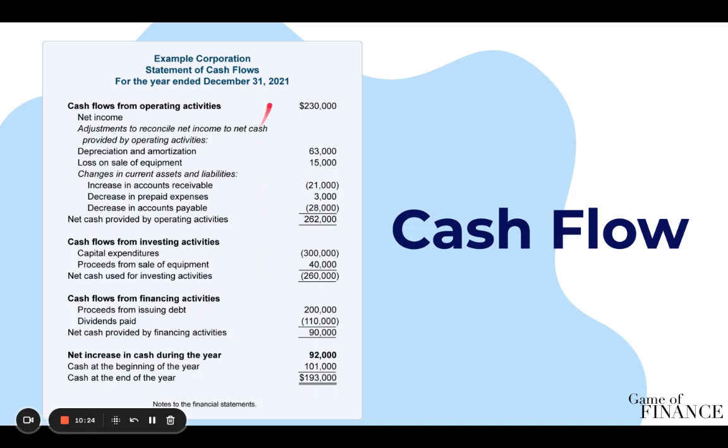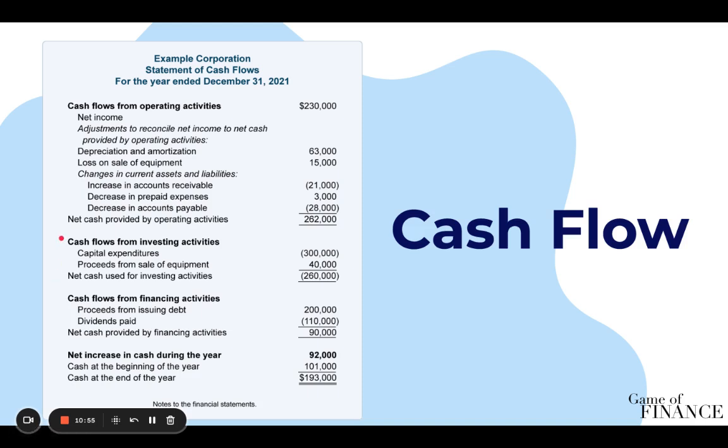The cash flow from operating activities shows the cash generated from the company's core operations, such as the sale of goods or services, and changes in current assets and liabilities. This section provides information about how much cash the company has received from its customers and how much it has spent on operating expenses.